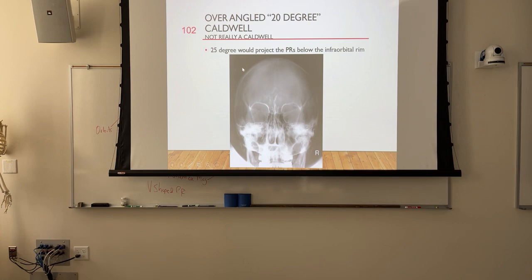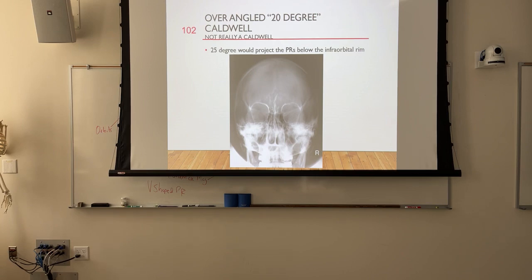So increase your angulation, pushes the petrous ridges down a little bit further, and you'll see something at the bottom of that central ray thing. It says the Waters method presented in sinus radiology section is also used to show the rotundum foramina.